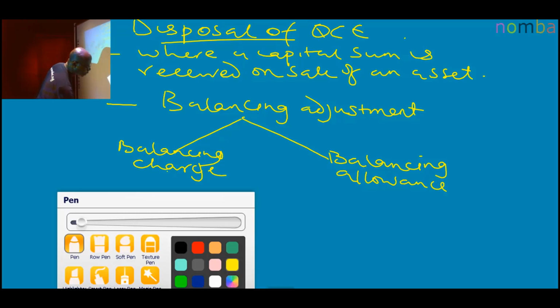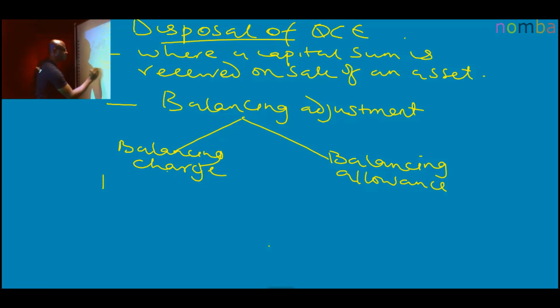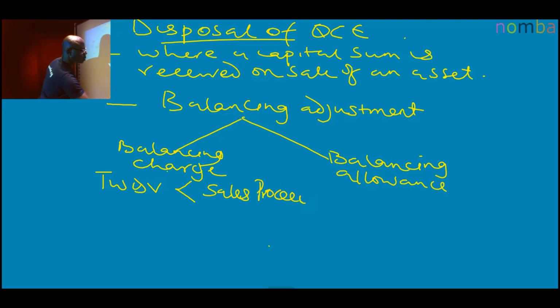So, TWDV less than sales proceed. Usually, where there is a balancing charge, it is regarded as a profit. This is equivalent to what we call profit on sale of fixed asset in financial accounting. But in tax, we don't call it profit on sale of fixed asset, we call it balancing charge. Because, of course, the TWDV here is what is referred to as NBV there.